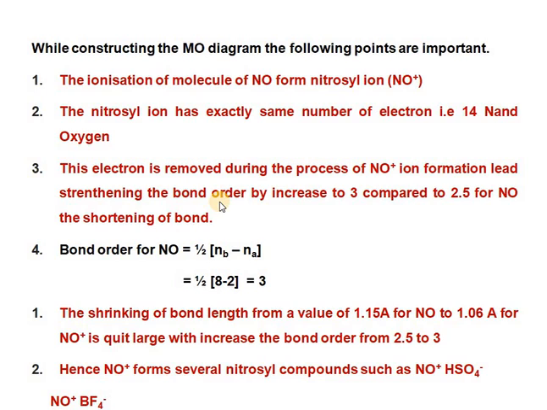Therefore, the bond length shrinks from 1.15 angstrom for nitric oxide to 1.06 angstrom for the nitrosyl ion, which is quite large, with the increase in bond order from 2.5 to 3.